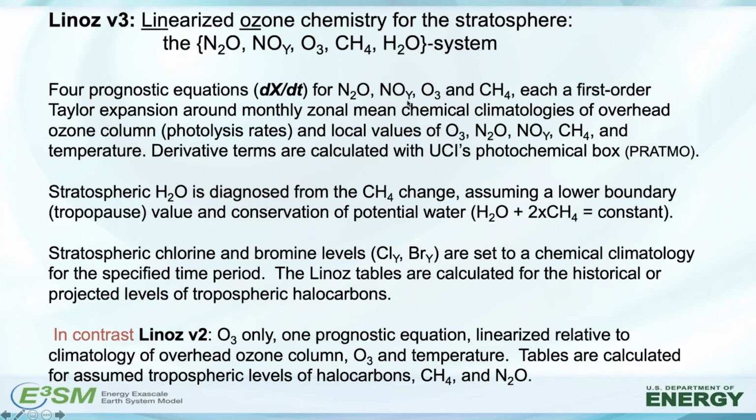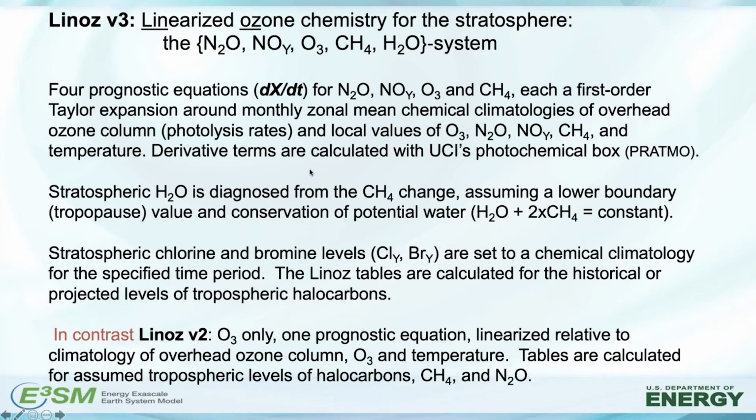The equations are solved in the same way as Linoz version 2, as a first order approximation of the Taylor expansion around the monthly mean, zonal mean, chemical climatologies of the in situ concentration, overhead ozone column, and the local temperature.